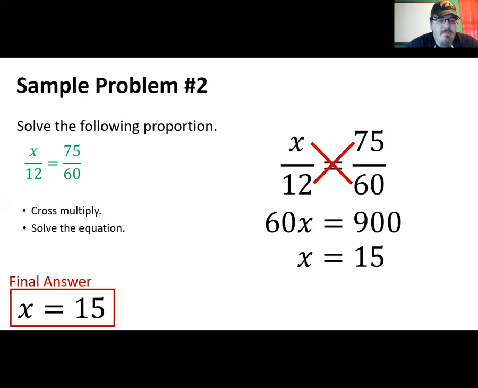So there's our final answer. X is equal to 15, and we are all set. Now again, this problem is just a generic proportion. There's no real context to it. So let's do a problem that actually has some meaning behind the numbers.